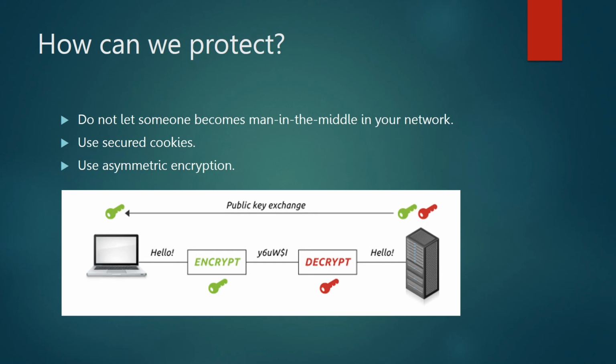This is one of the biggest stops for such kinds of attacks, because only the private key of the server can decrypt information encrypted with its public key. This is a really cool way of preventing such attacks.